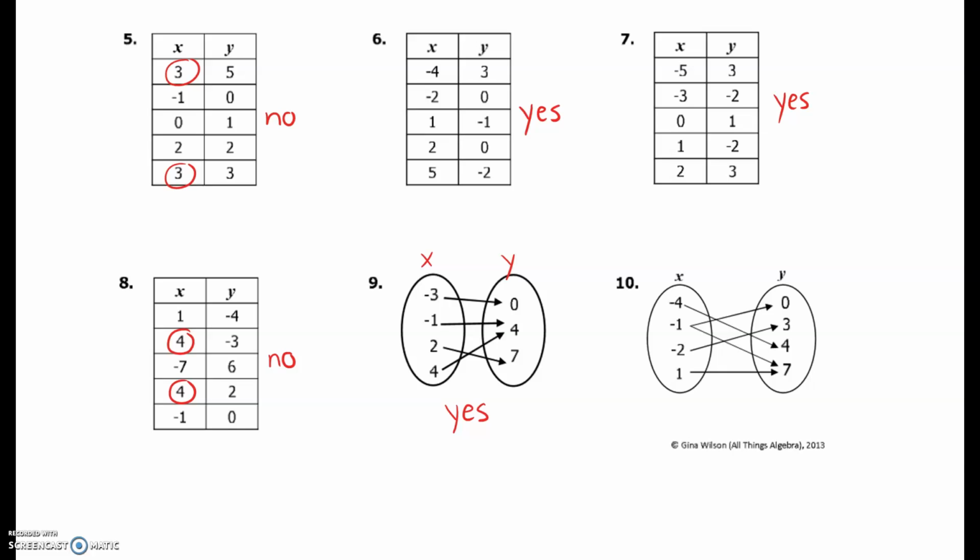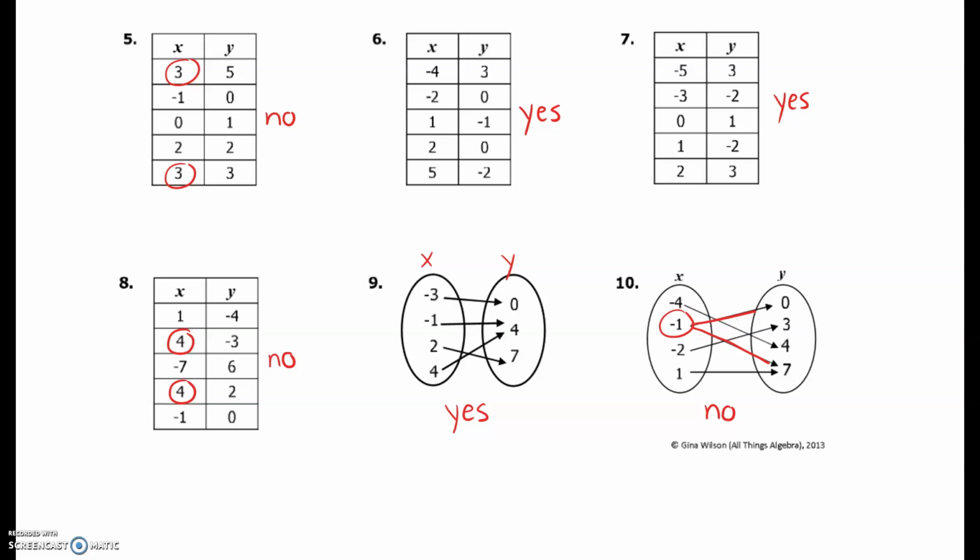However, if you look at number 10, we actually have two arrows coming from -1. This means that -1 repeats. There are two -1's. If an x value repeats, like this one, this is not a function. So that's how we're going to determine from a set of ordered pairs whether or not something is a function.